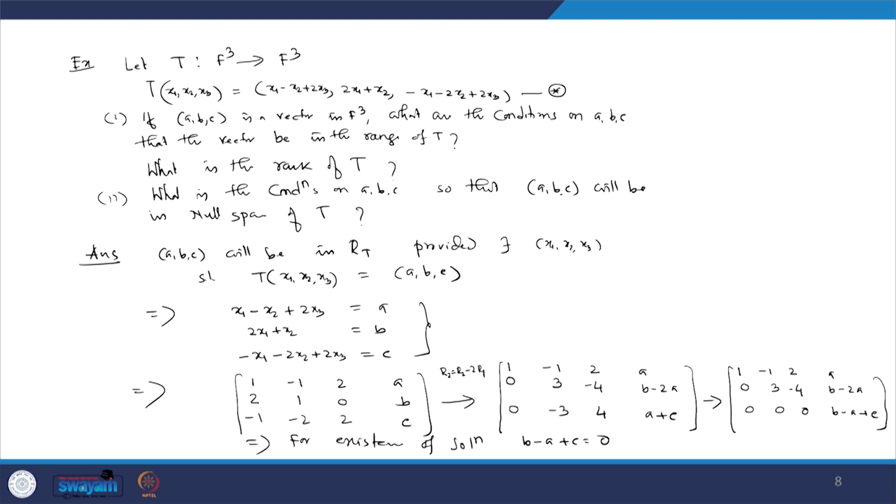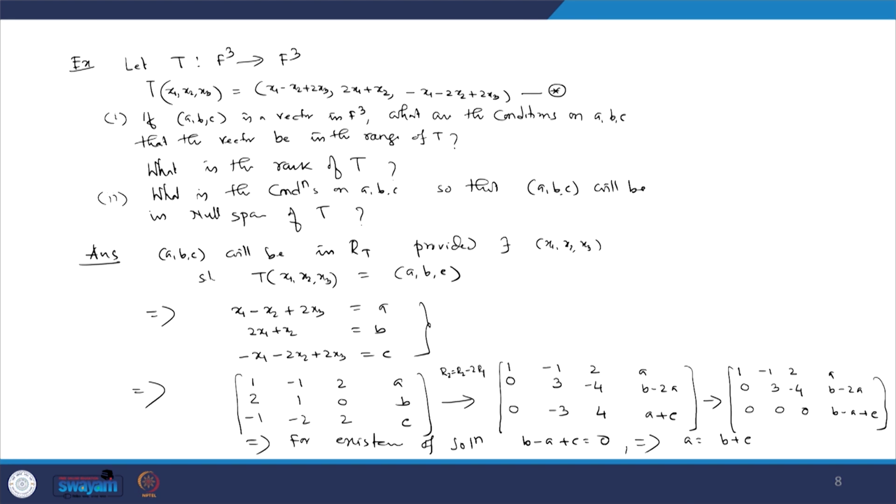The rank is obviously 2. So, this implies that a has to be equal to b plus c. This is the required condition for any 3-tuple (a, b, c) to be in the range space of the linear transformation T.